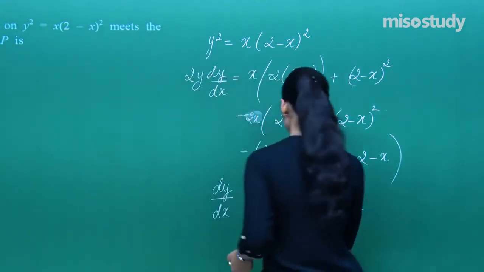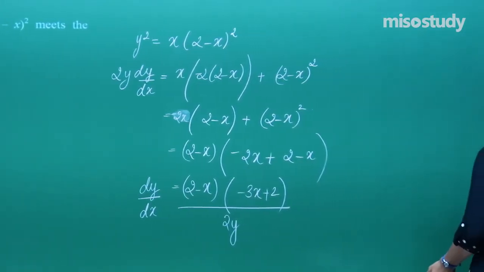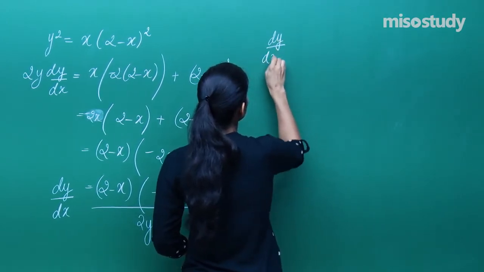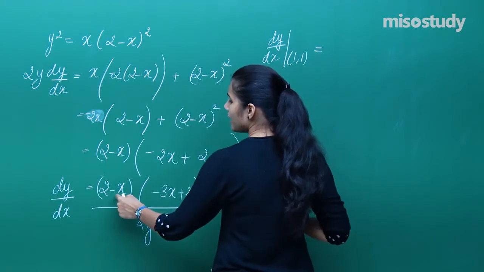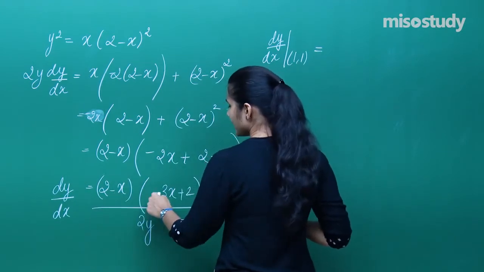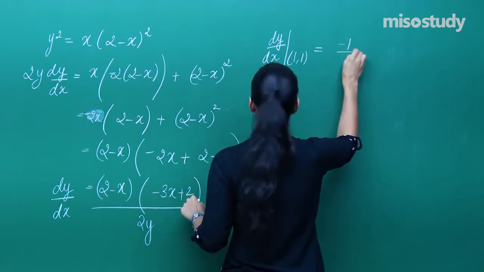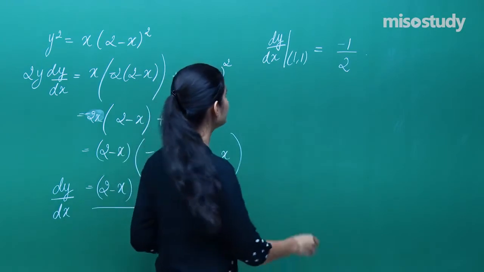What is dy by dx at the point 1 comma 1? That is what we need to evaluate. It is 2 minus 1, that is 1, into minus 3 plus 2, that is minus 1, whole upon 2 into 1, that is 2. So minus 1 by 2.